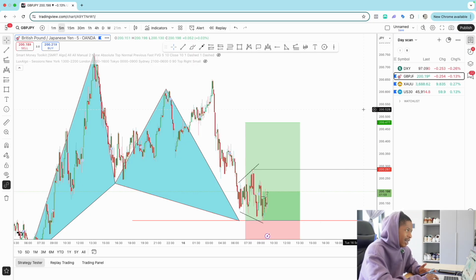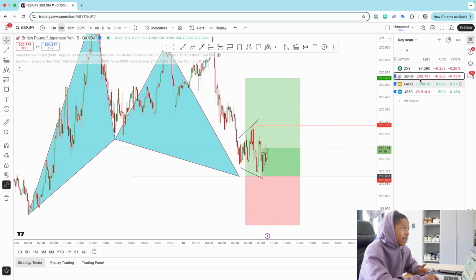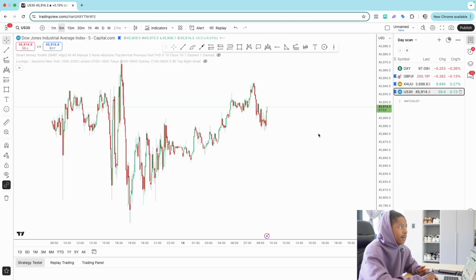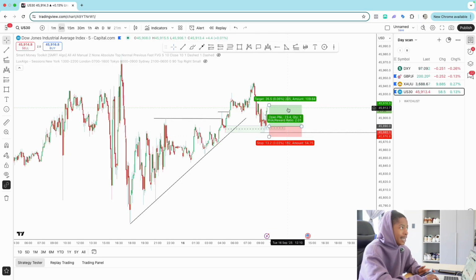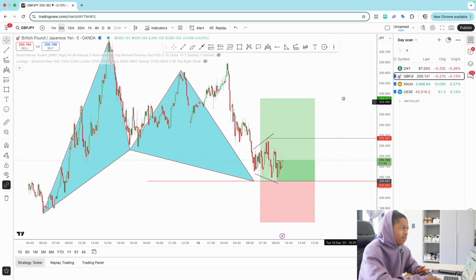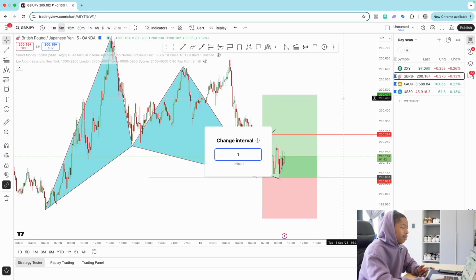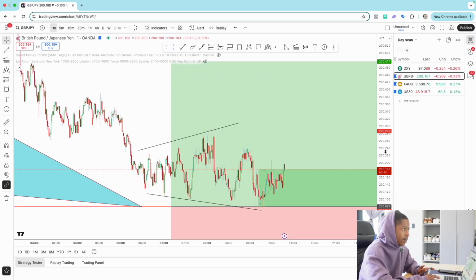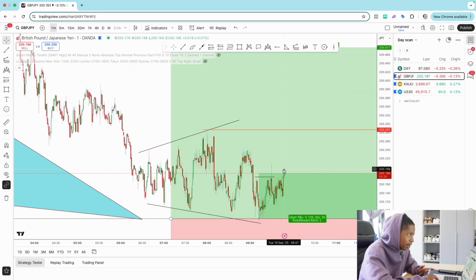Because I was going to have 1% risk here, I mean 0.7%, plus another 0.7, which means that if they both went against me, I was probably going to be on negative 1.5, which is still okay. That's why I'm going for that risk. It's still okay.